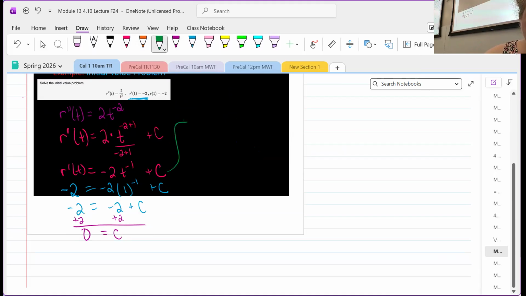So now I'm going to take my derivative, r prime of t equals -2 t to the -1, and then c is 0, so plus 0, so I don't have to write that. So I just have -2 t to the -1.